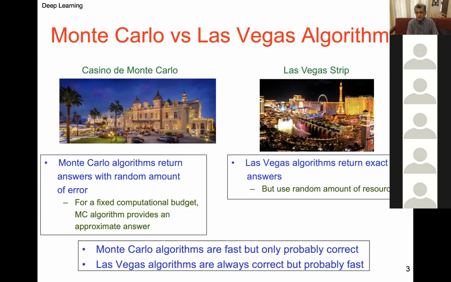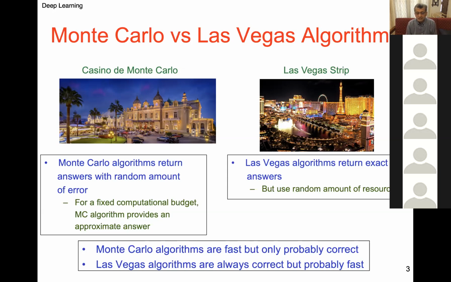It will give you 3.0, but the time used to compute the answer would be random, right? So it need not be a fixed period of time. It needs more and more time to consume. In a way, if you open up how many samples you're going to be using for a Monte Carlo algorithm, it becomes a Las Vegas algorithm because you can keep on adding terms and it becomes an exact answer. But the amount of time taken may vary.